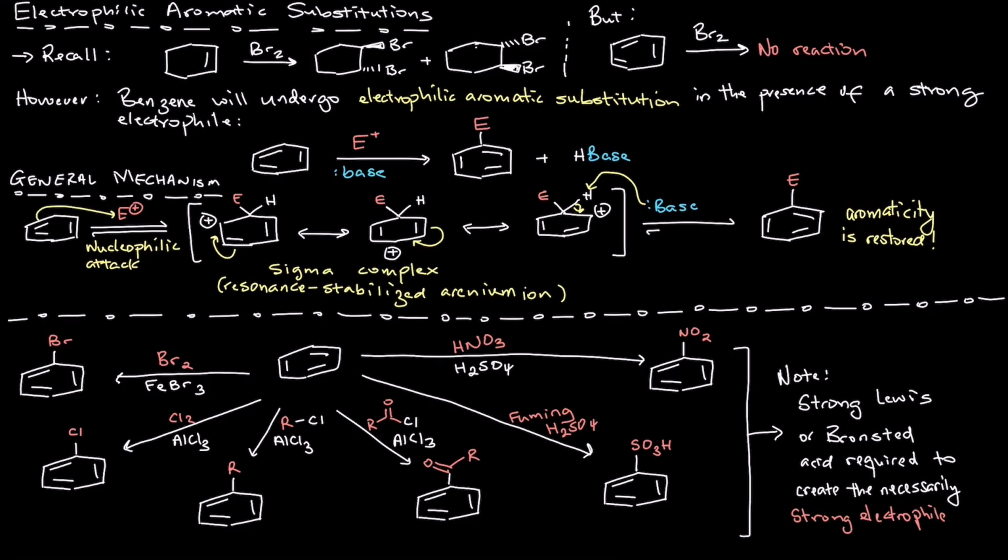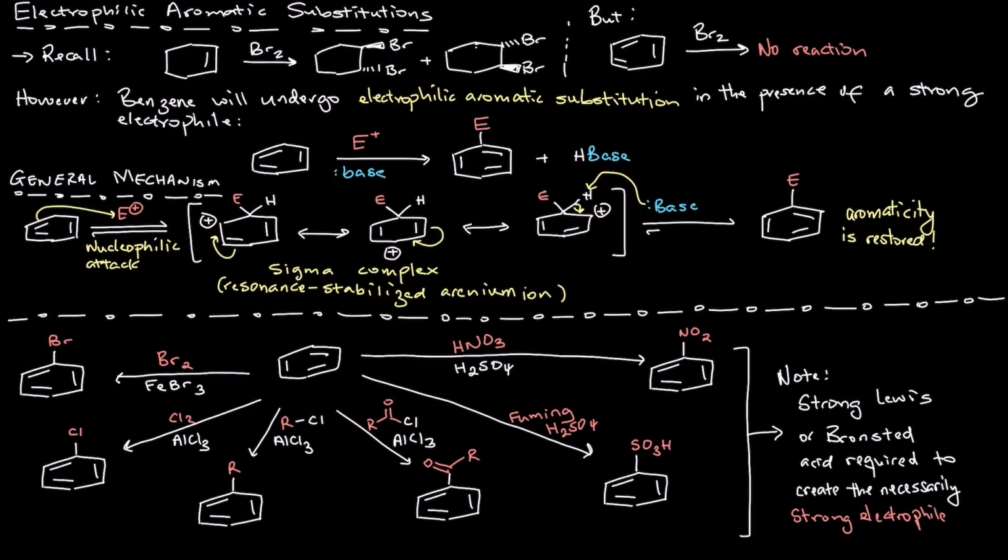And like we said, for all these reactions, you either need a strong Lewis acid, or in the last two cases, you can use a strong Brønsted acid, and these acids are required to generate the necessarily strong electrophile in order to break the aromaticity in that first step of your electrophilic aromatic substitution reaction.